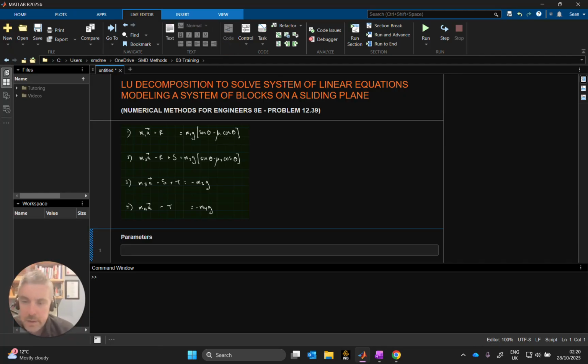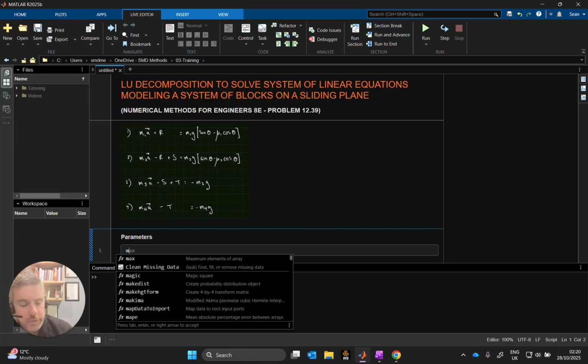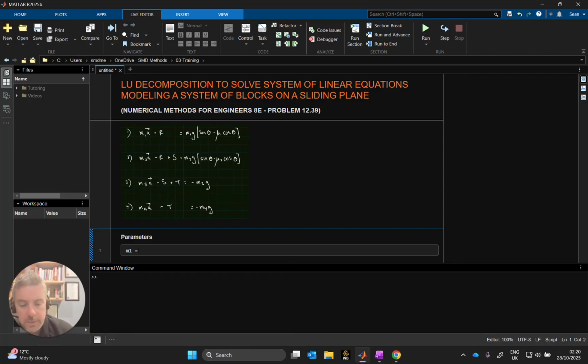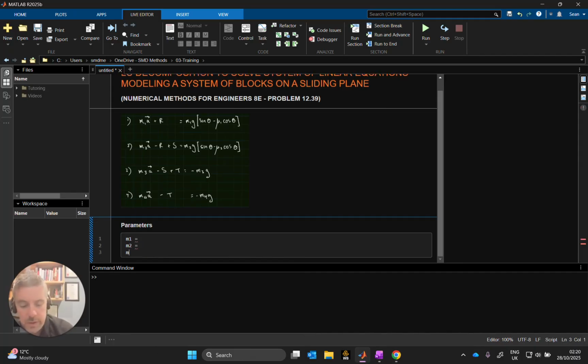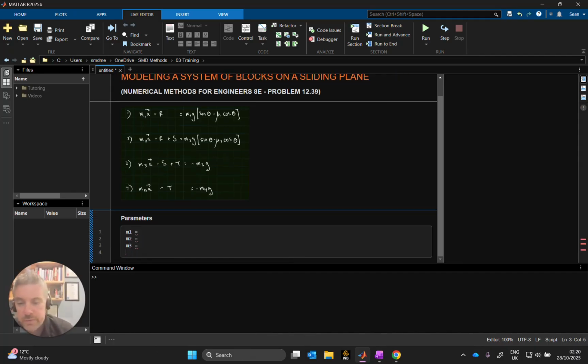If I look at my equations, I have A as an unknown, R is a response, and G, theta and mu are parameters. Let's call them M1, M2 with underscores. M1 is equal to a value, M2 is equal to a value, M3 is equal to a value, M4 is equal to a value.